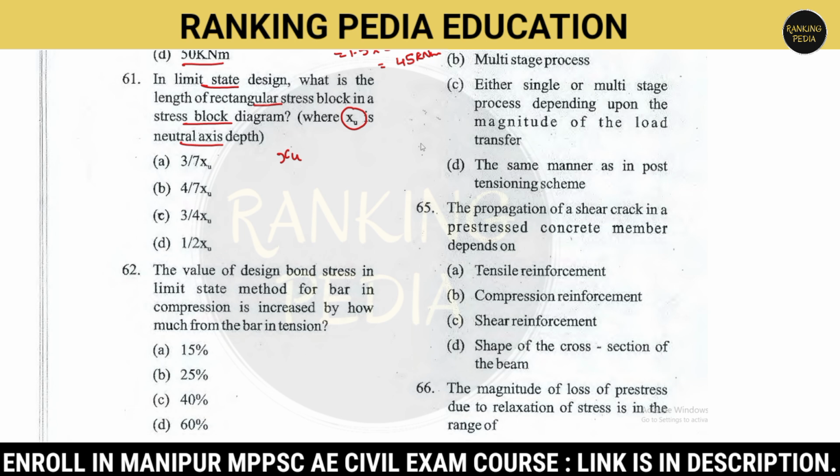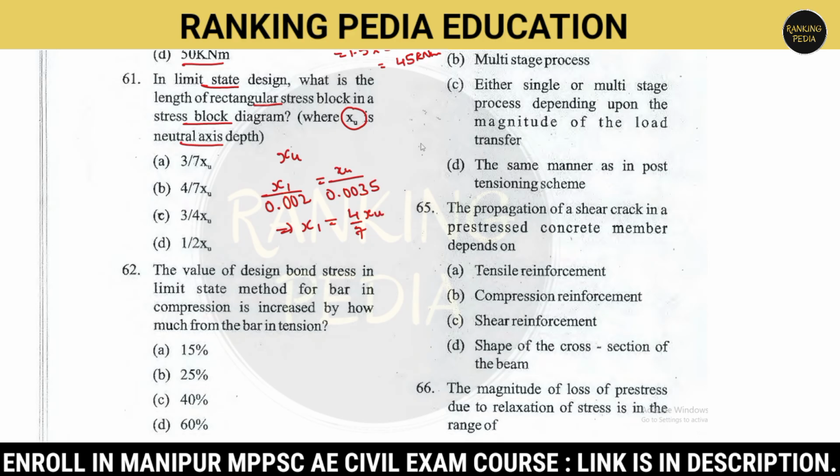So the depth of the parabolic portion, which is x1: x1/0.002 = Xu/0.0035. Why? Because in the rectangular part, the strain in concrete is between 0.002 and 0.0035. Calculating this, x1 comes out to be 4/7 of Xu.